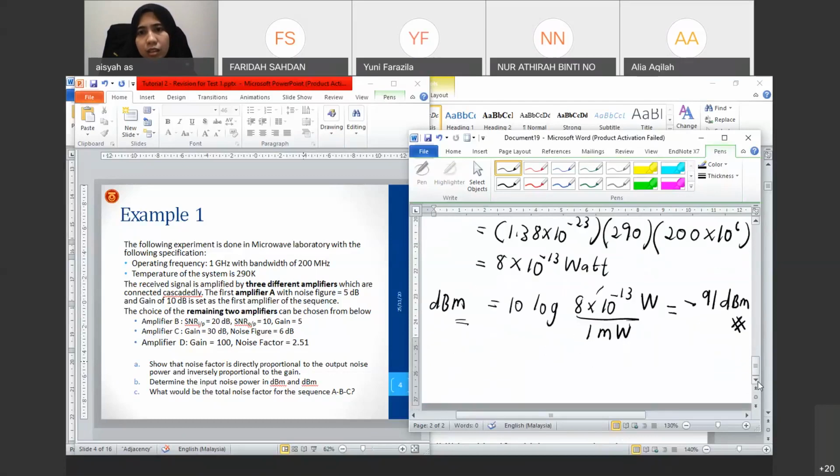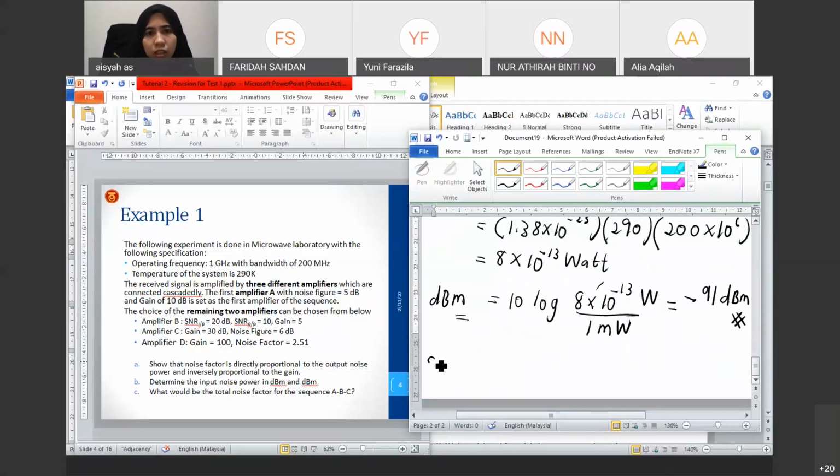And the second one is dB mu. What is the formula for dB mu? 10 log of Ni over 1 microwatt. So when you calculate it, what is the answer that you got?